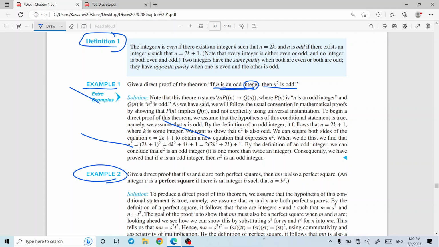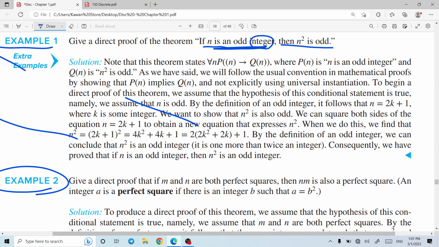The question, the theorem, says: give a direct proof. That means you could maybe prove my example by an indirect method, by contrapositive or contradiction.